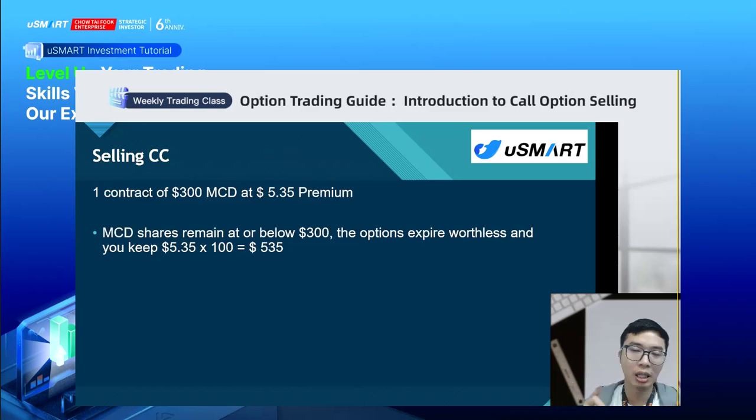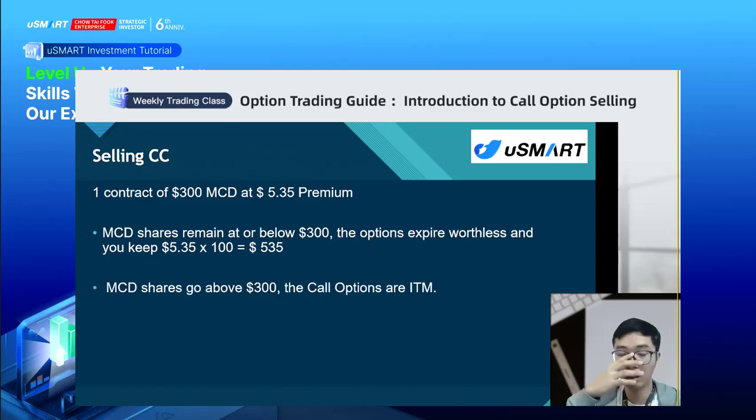For selling covered calls, the return will be the premium plus the capital gain, because we own the stock at the lower price and we wait for it to hit the strike price while taking the premium as additional income. So if the McDonald's shares go above 300, the call option is in the money.